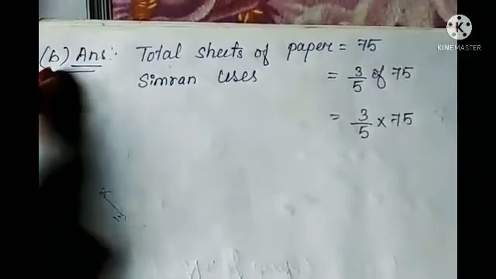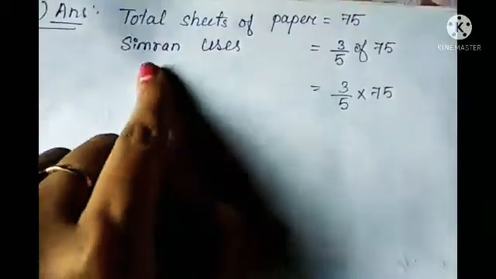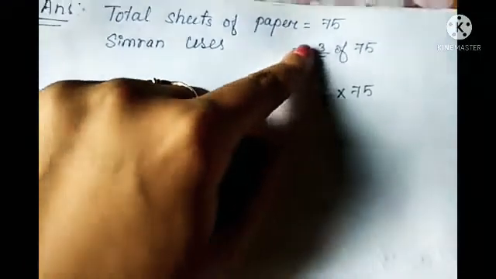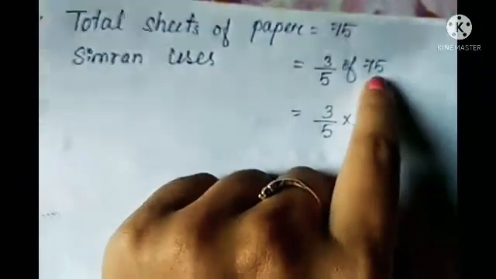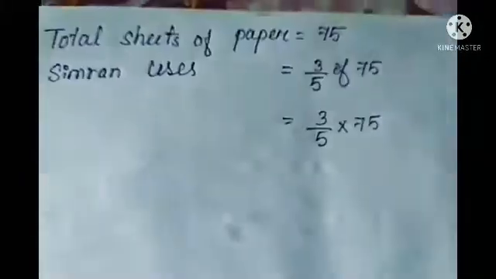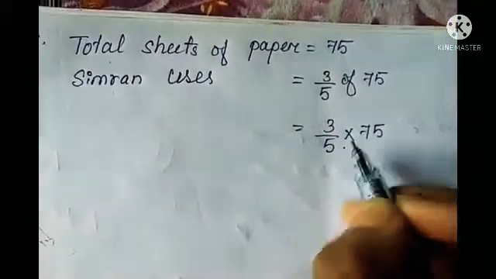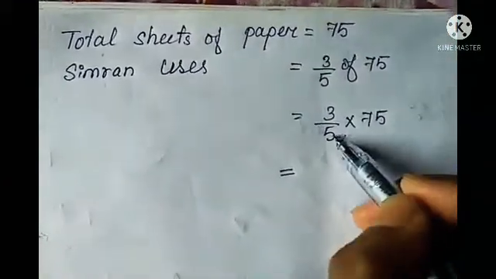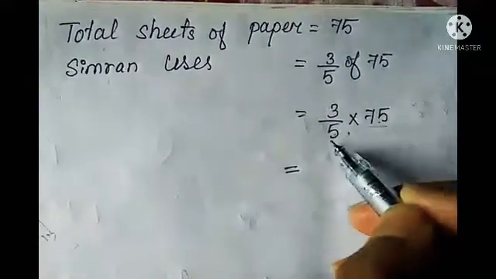Let's see. So here you can see, students, B number answer. Total sheets of paper 75, and Simran uses 3 by 5 of it, right? 3 by 5 of total sheets. So I have written here 75. And as I told you, students, in place of 'of' we have to write multiplication, right? Now if you see, we have to divide 75 by 5, right?